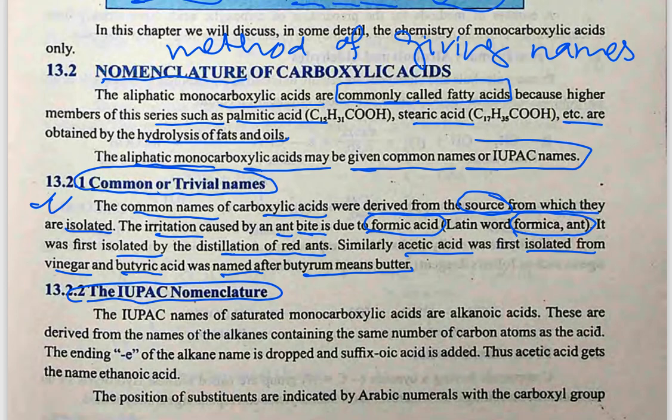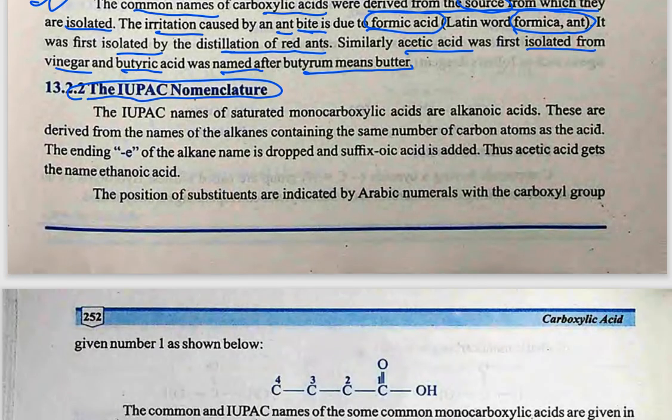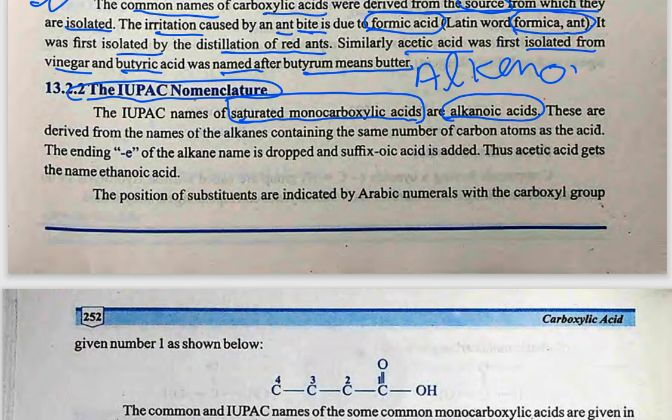The next is the nomenclature of carboxylic acids by IUPAC, which is scientific and has a universal rule. The IUPAC names of saturated monocarboxylic acids are alkanoic acids. If they are unsaturated, they are called alkenoic acids. These are derived from the names of the alkanes containing the same number of carbon atoms as the acid.